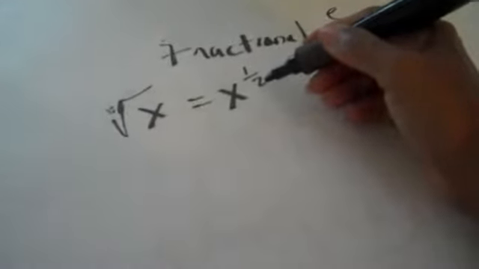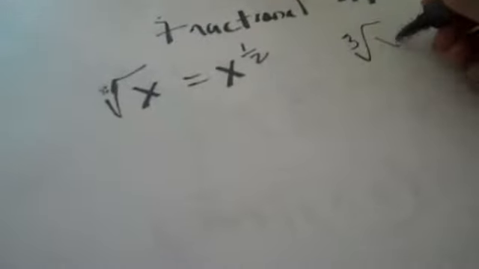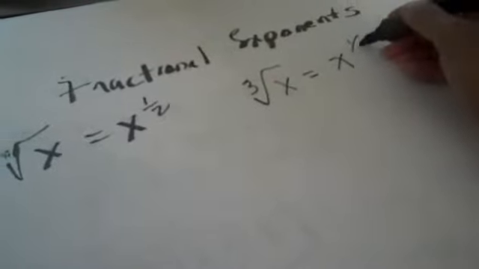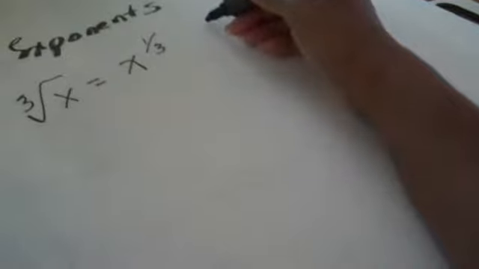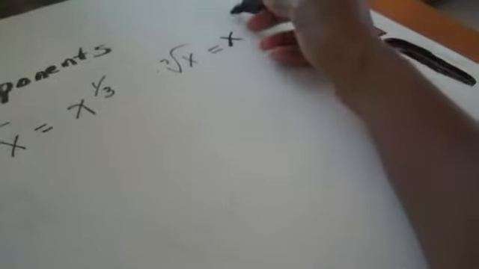So the square root of x will be x to the 1/2. The cube root of x would be x to the 1/3. And the 7th root of x would be x to the 1/7.